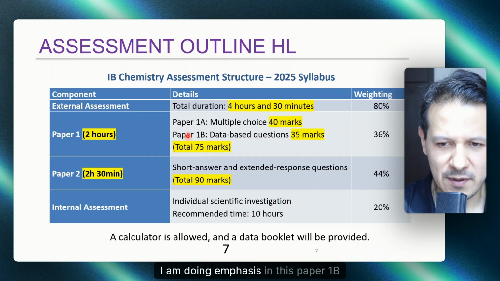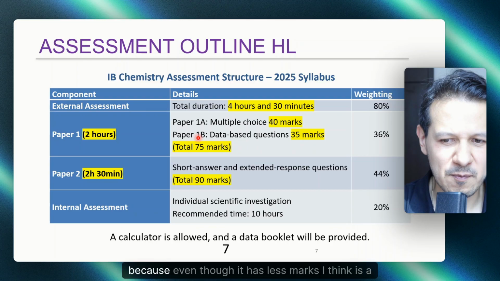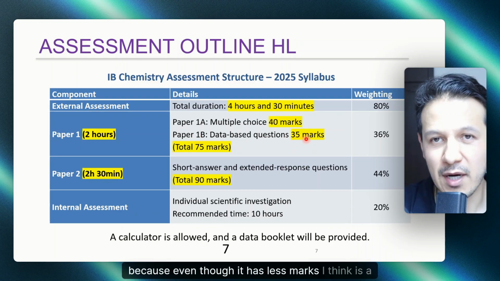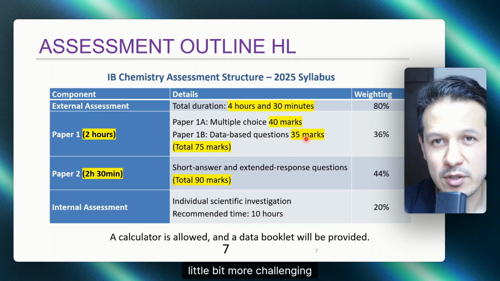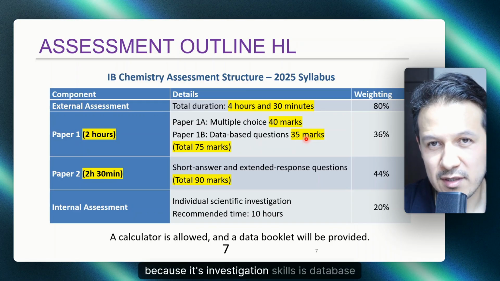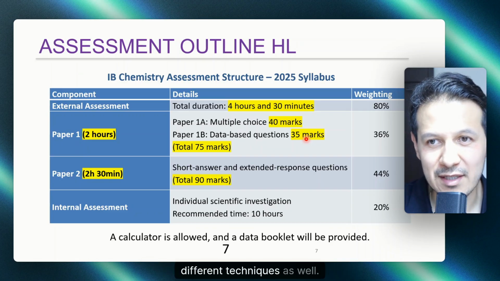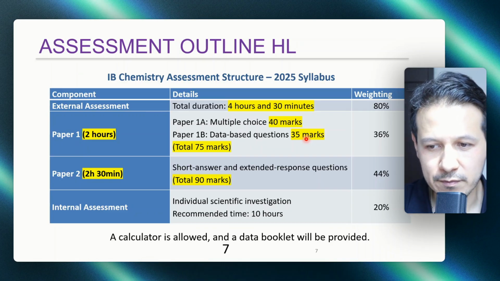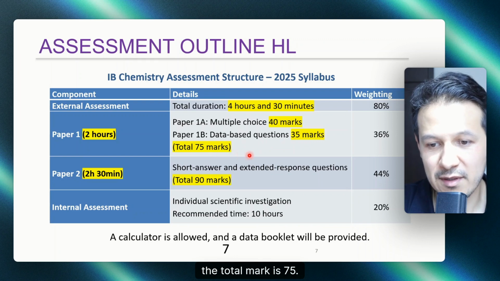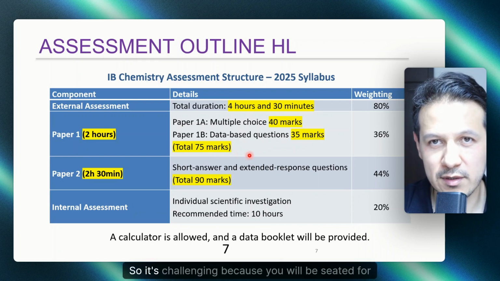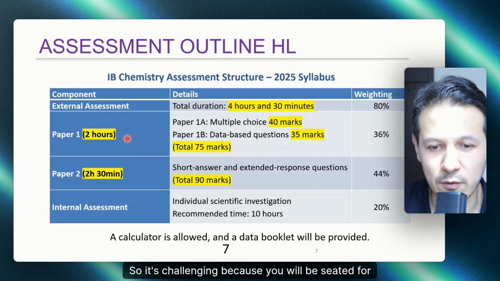I am emphasizing paper 1B because even though it has fewer marks, I think it's a little bit more challenging because it's investigation skills, it's data-based questions, and it's important that you know different techniques in the laboratory as well. The total marks is 75, so it's challenging because you will be seated for 2 hours doing this test.